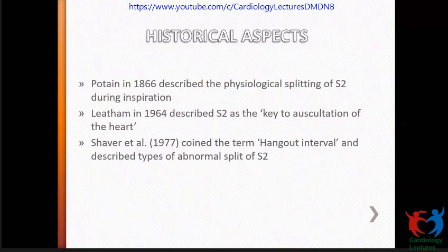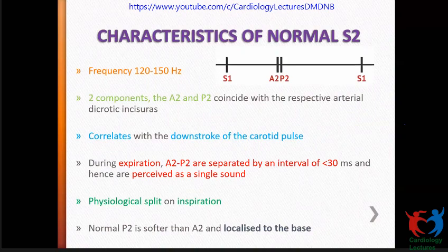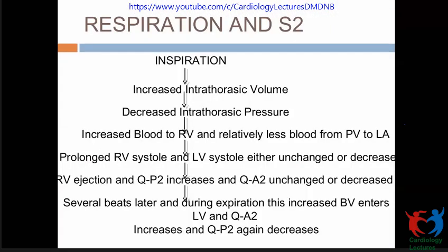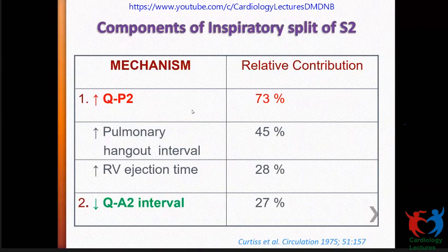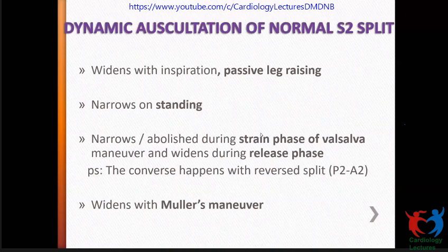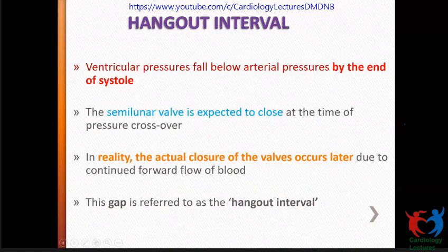So hangout interval is the time from the crossover of the pressure to closure of the respective semilunar valve. That is hangout interval. That is the key point which we need to understand. So typically semilunar valve is expected to close as soon as the pressure crosses over, but in reality actual closure occurs later due to continued forward flow.